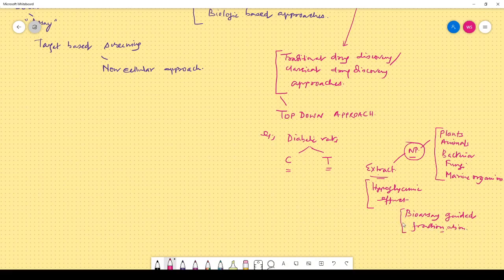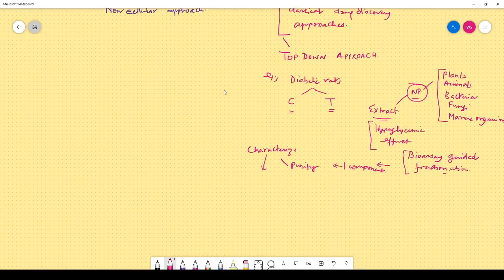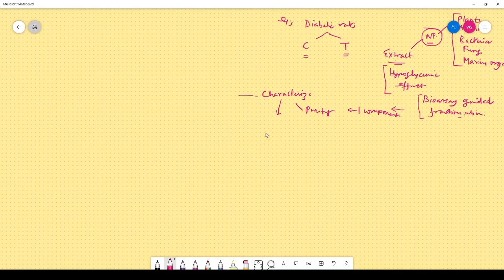Okay, so you do a bioactivity guided fractionation. Ultimately, you end up with an extract that contains only one component. That component you purify and characterize, meaning you try to find out what the functional groups are, what the structure is, and then that becomes your lead molecule.